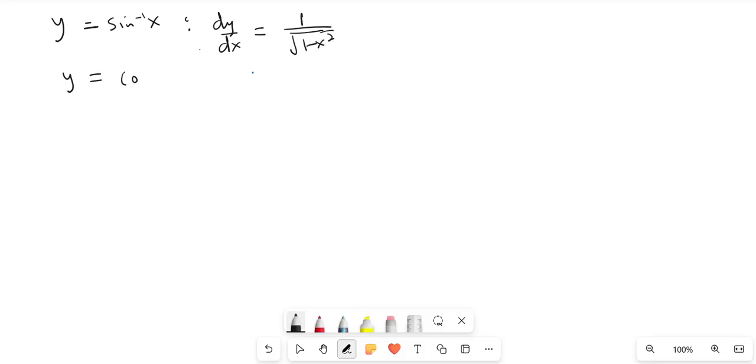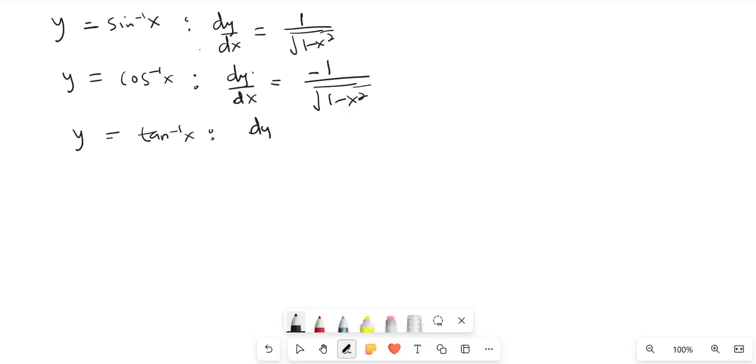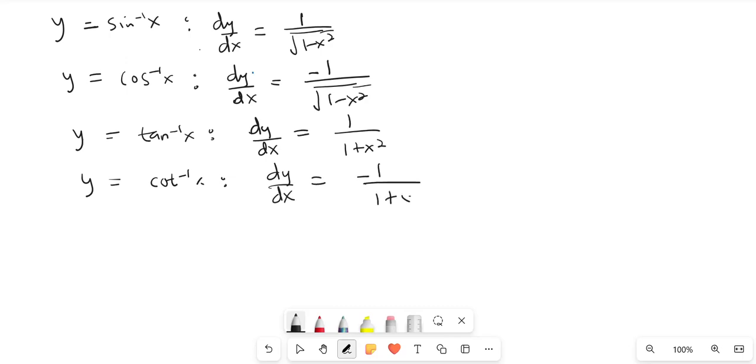If y equals the cosine inverse of x, dy/dx equals negative 1 all over the square root of 1 minus x squared. If y equals tangent inverse of x, the derivative of y with respect to x is 1 all over 1 plus x squared. If y equals the cotangent inverse of x, dy/dx is just the negative of that, negative 1 over 1 plus x squared.